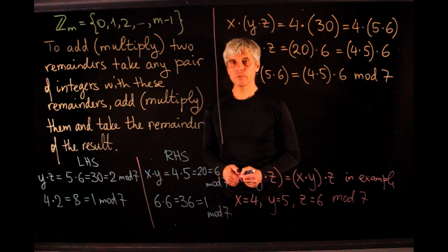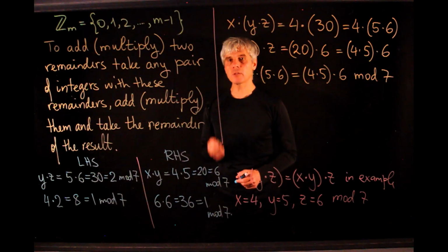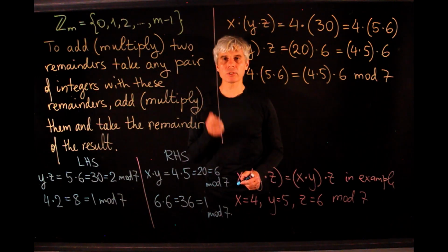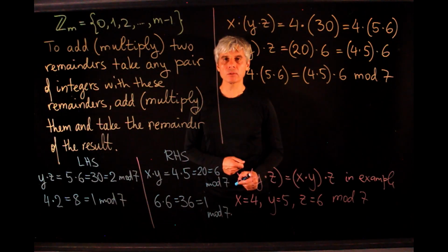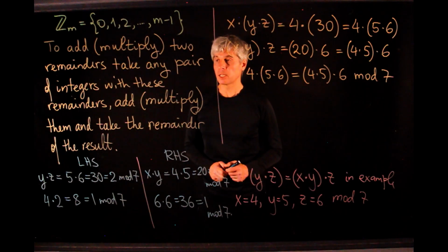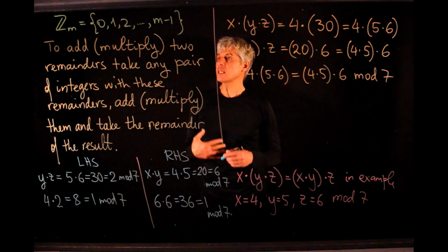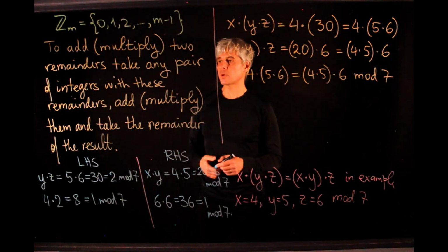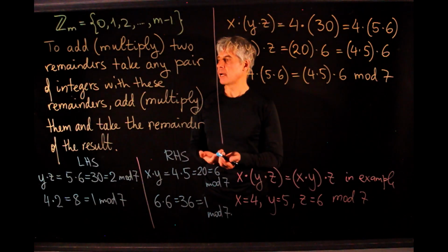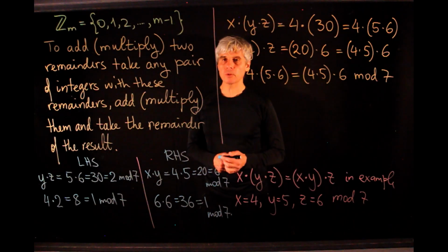The advantage of the old rule is that it was straightforward. It told us exactly what to do: just take these remainders, multiply them, and take the remainder of the result. The new rule is more ambiguous. It says, take any pair of integers with prescribed remainders, multiply them and take the remainder of the result.